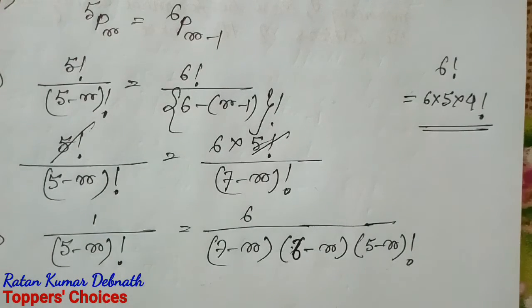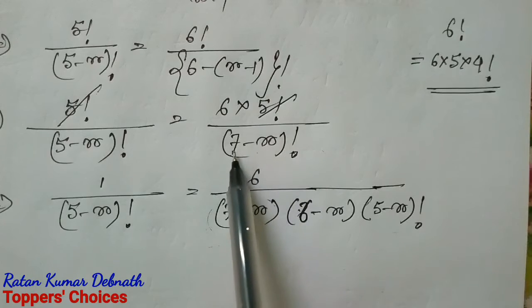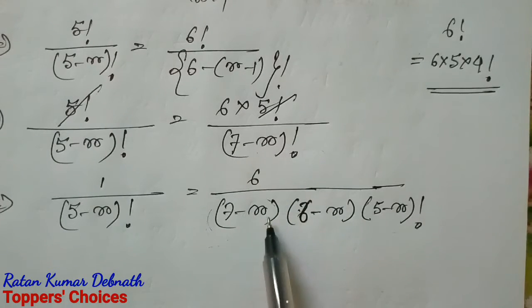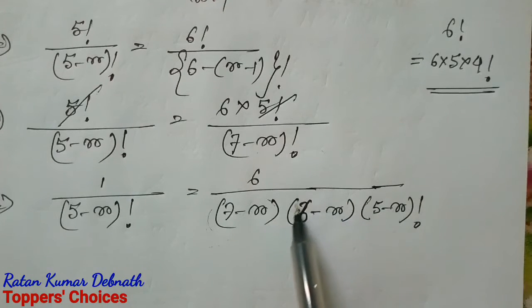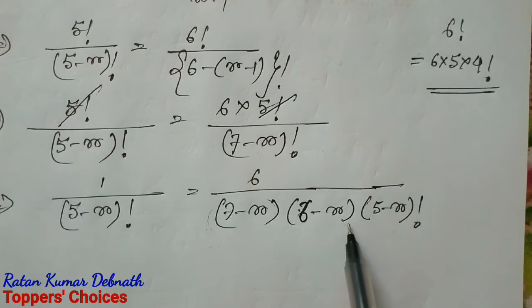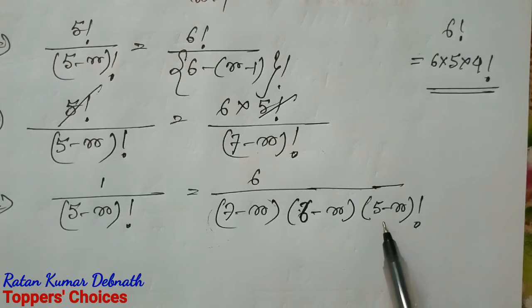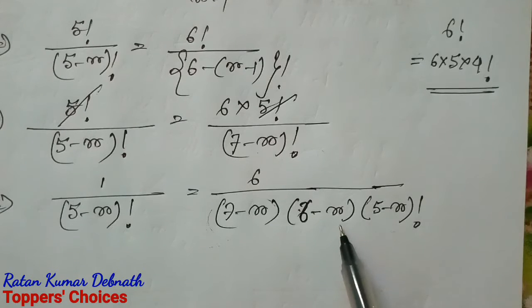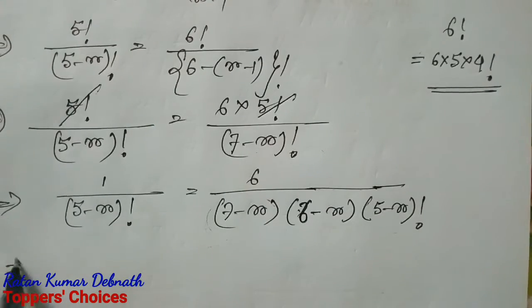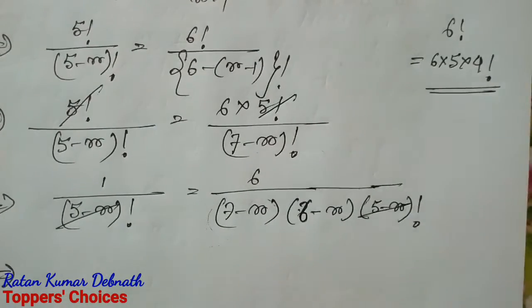If we can write this, so in case of 7 minus r factorial, we can write 7 minus r and then 1 less than 7 minus r is 6 minus r, and then we write 1 less than 6 minus r, that is 5 minus r factorial. Now cancel these two.